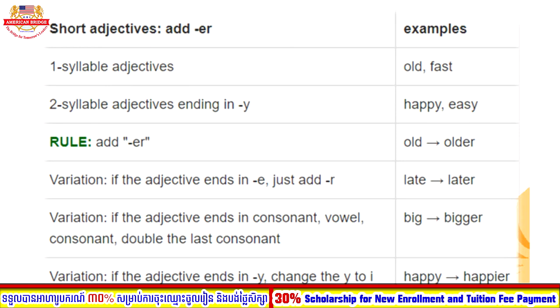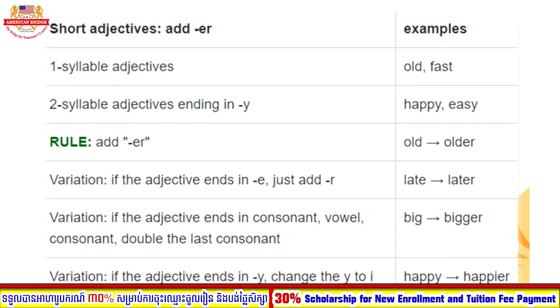Everyone, please note that for words that already have e, like the word late, late already has e in this word, so we don't need to add e anymore, we just add r at the end. Like the word late to later.